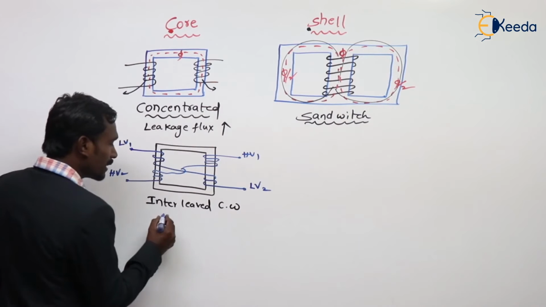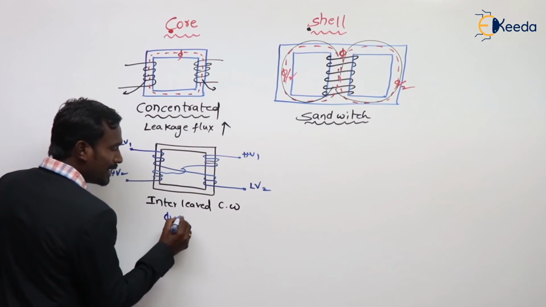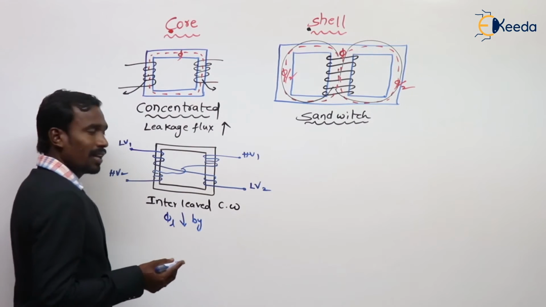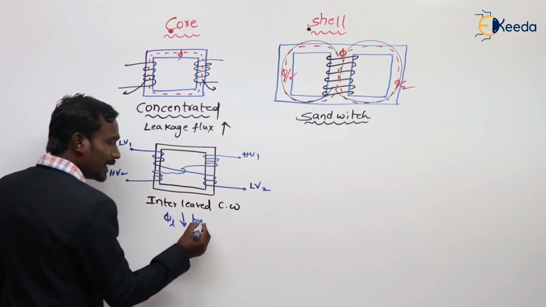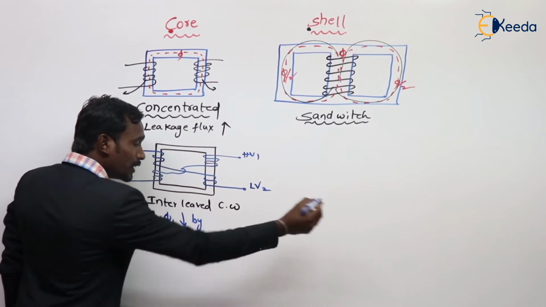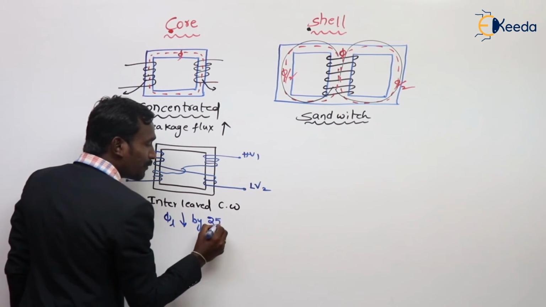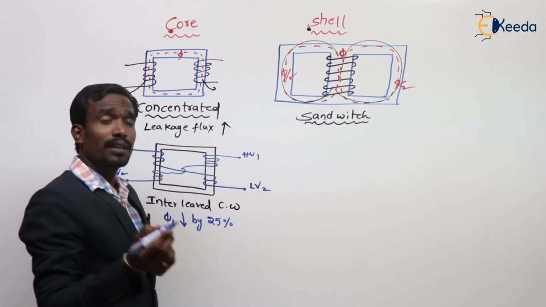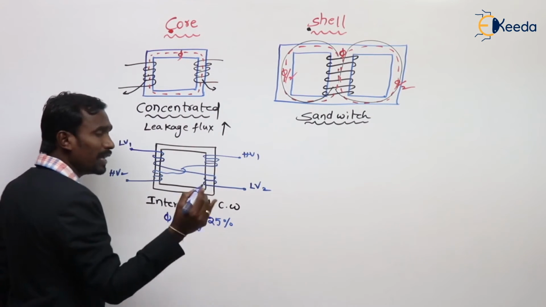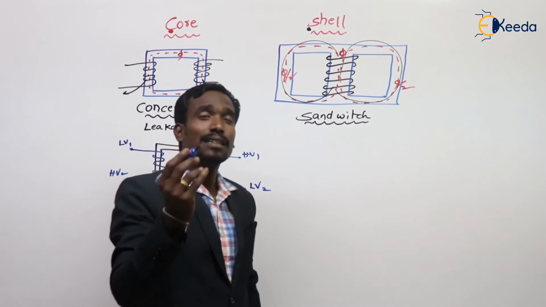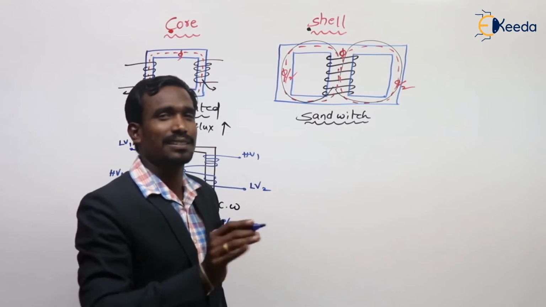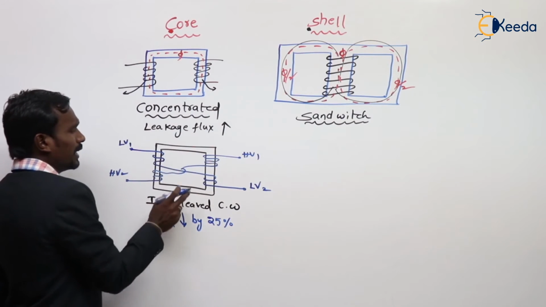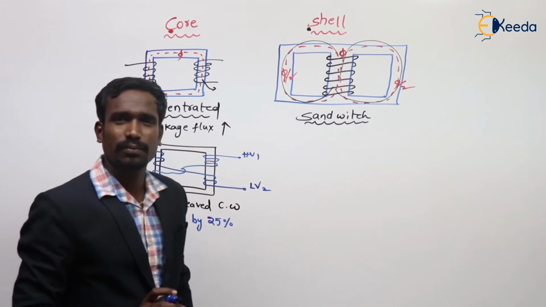In interleaved concentrated winding, the leakage flux is reduced by 25% compared to this one. So only 75% of the leakage flux is there.